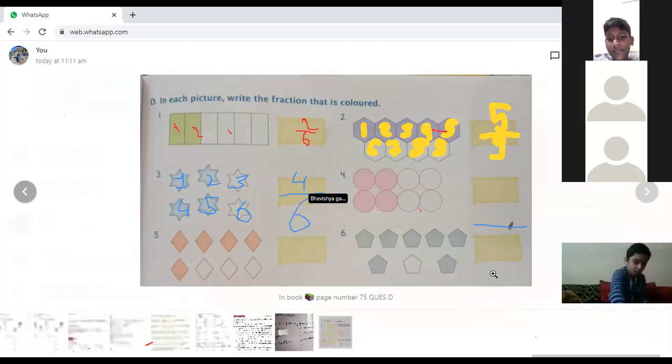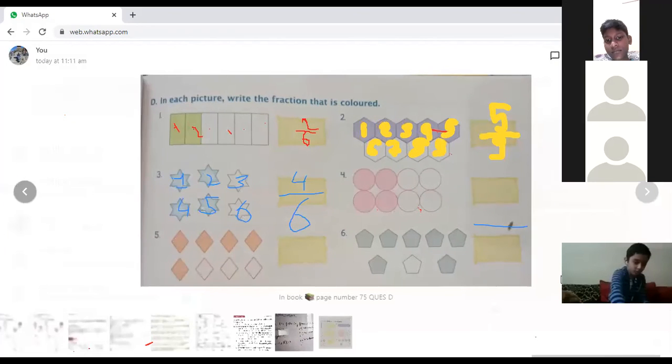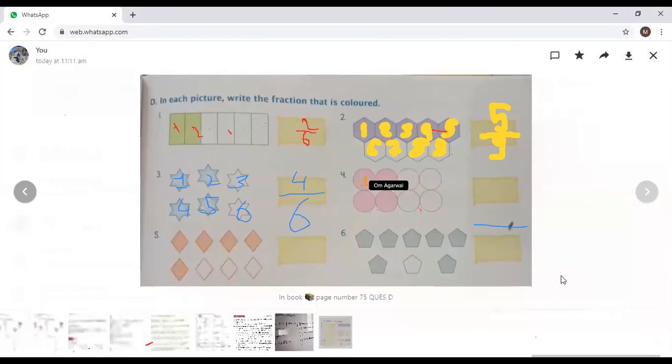Bhavishya, do your own answer now. There are one, yes good Om. Two, good. 3, yes. 4, good. 5, good.